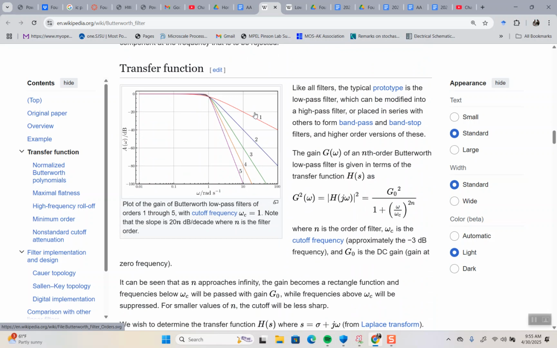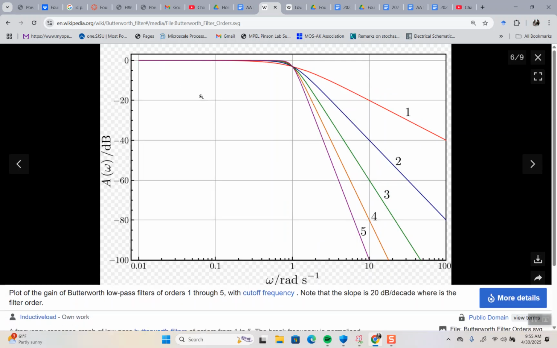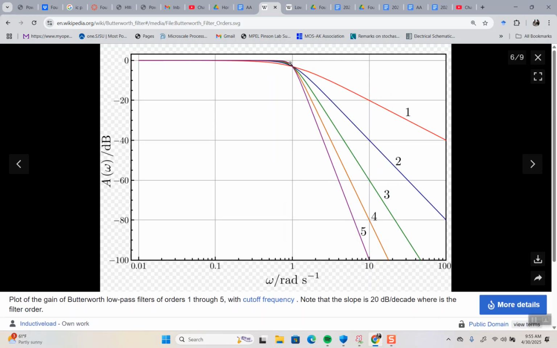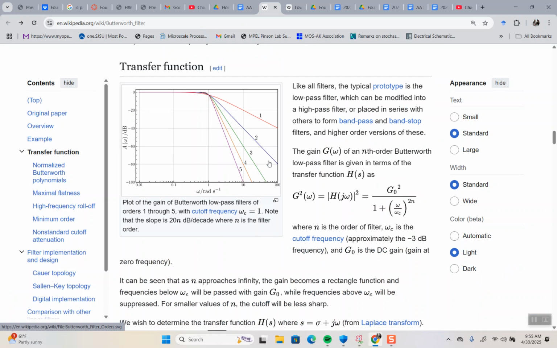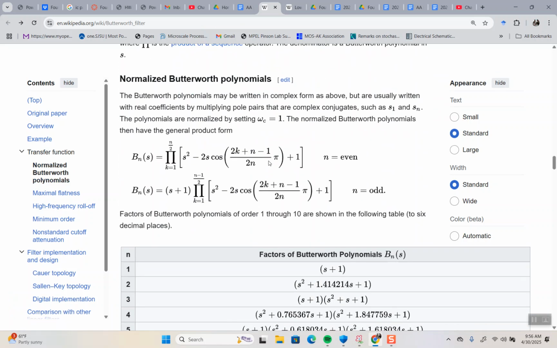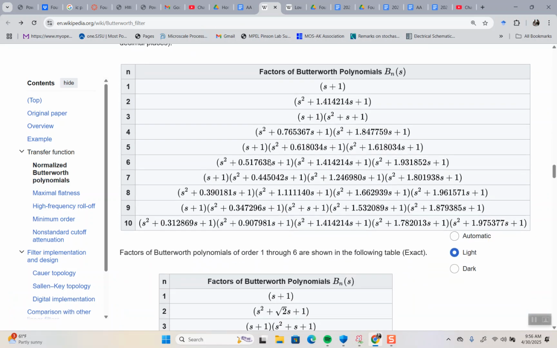What happens is the higher the order of the filter, the sharper it gets. But we want this band to be as flat as possible and then roll off. The algorithm for that is right here.